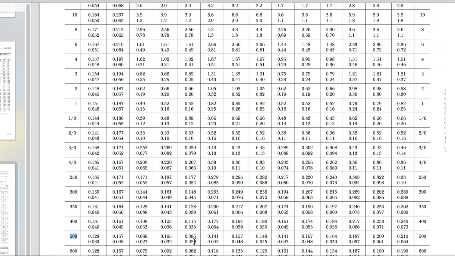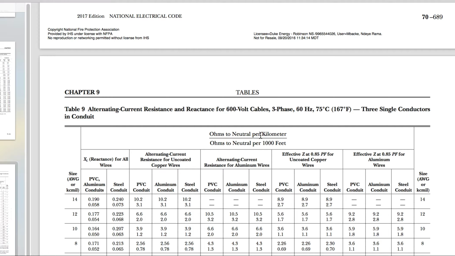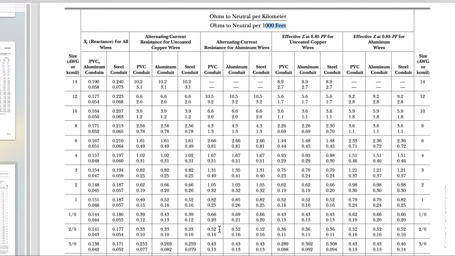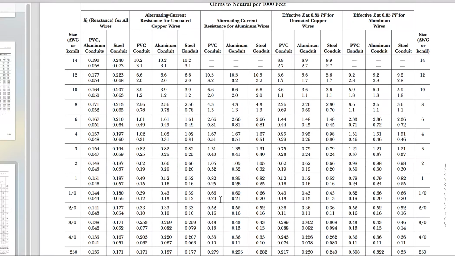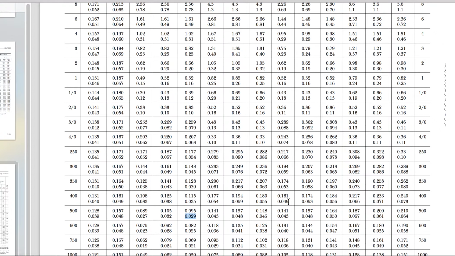We are given the distance of 250 feet. If the values were given in kilometers, we would be using the upper value, but because all the units are in feet, that's why we're using the second value for our resistance here. So where was I? Over here, 0.029 steel conduit. Let's verify that we got the correct value.